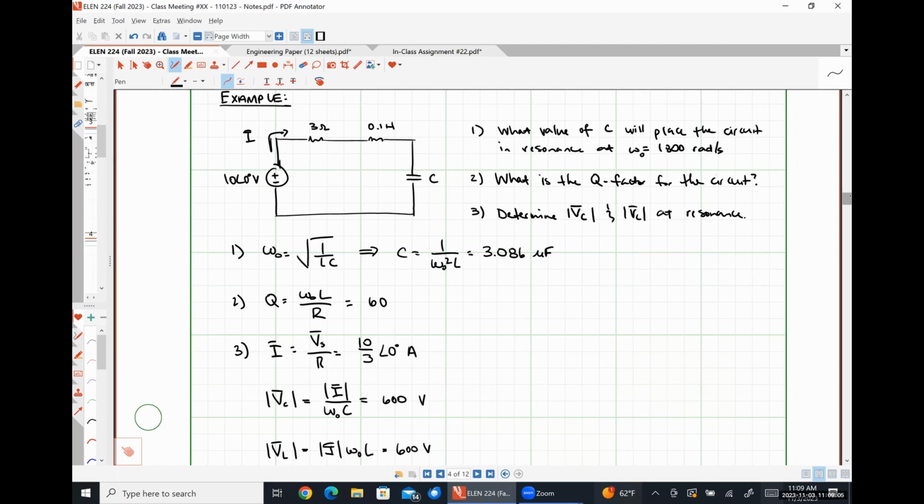Another simple question here is, and bear with me, if we have a 10-volt drop across our source and a 3 ohm resistance there, and we know that at resonance our current is 10/3 of an amp, what's the voltage drop across our 3 ohm resistor?